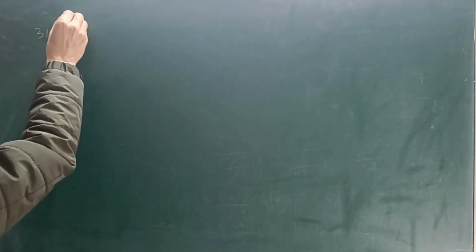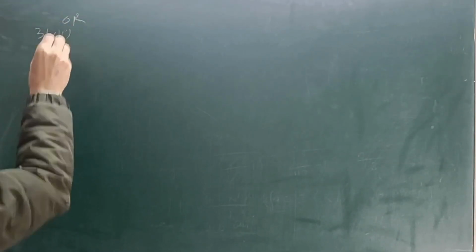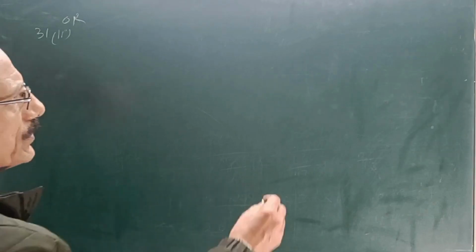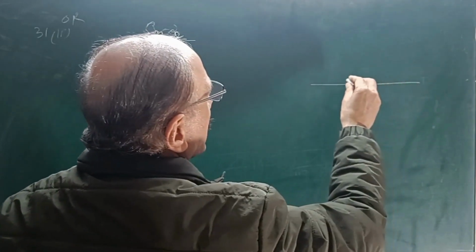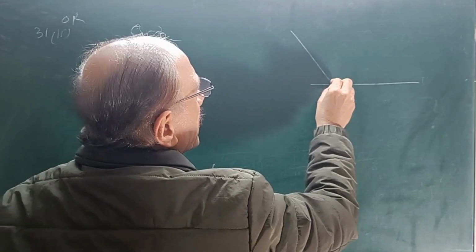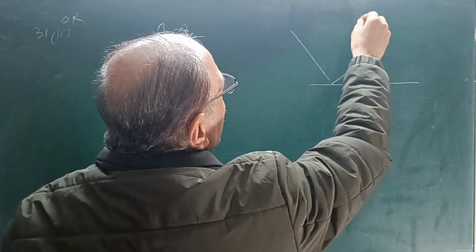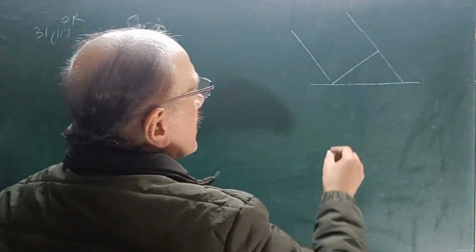This is the OR part, 31st OR part, second: using Huygens construction of secondary wavelets, we have to derive Snell's law. So, this is the wavefront.